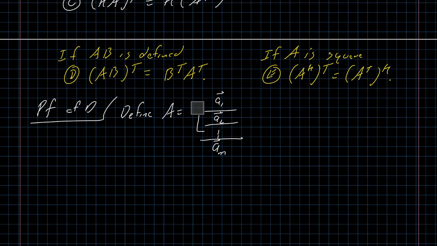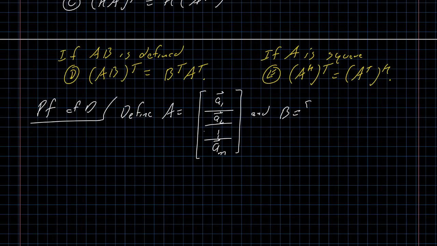When we're dealing with multiplication of matrices, for matrix A, we need to be able to talk about the row vectors. So I'm going to name the row vectors that make up matrix A as little a1, little a2, down to little am. And then for matrix B, to define A times B, we need the column vectors.